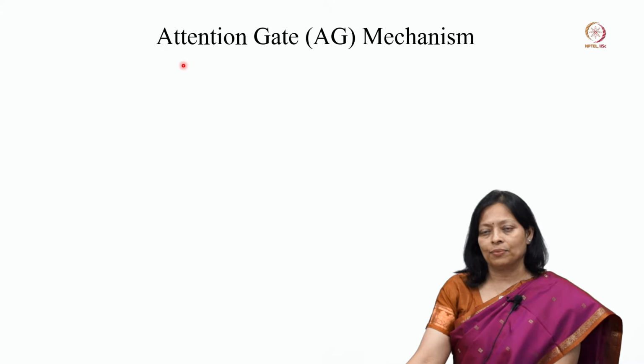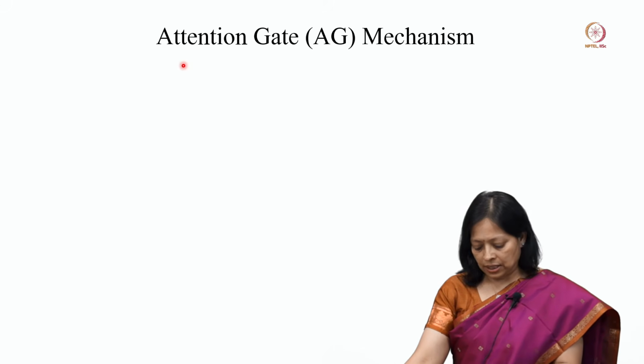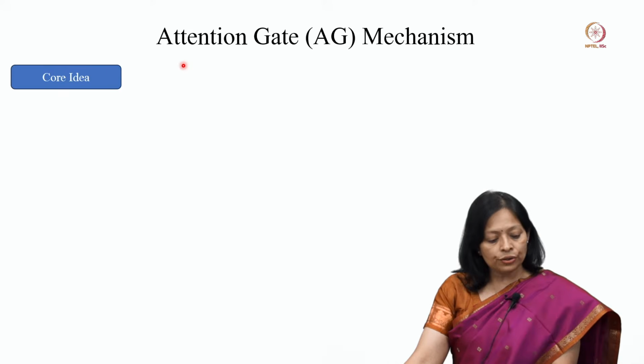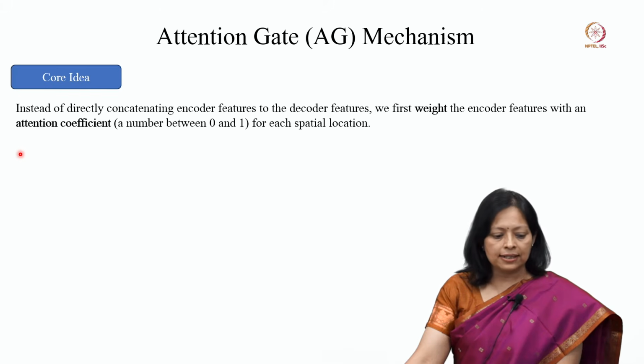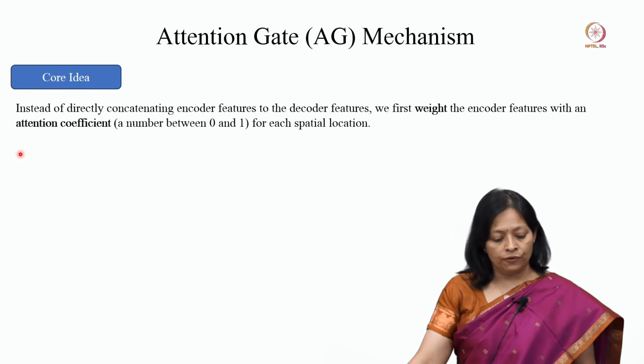Then we will look into the attention gate mechanism. What exactly is happening inside that attention gate, the round colored structure. So the core idea, as I was telling, is that instead of directly concatenating encoder features to the decoder features, we first weight the encoder features with an attention coefficient, a number between 0 and 1 for each spatial location.